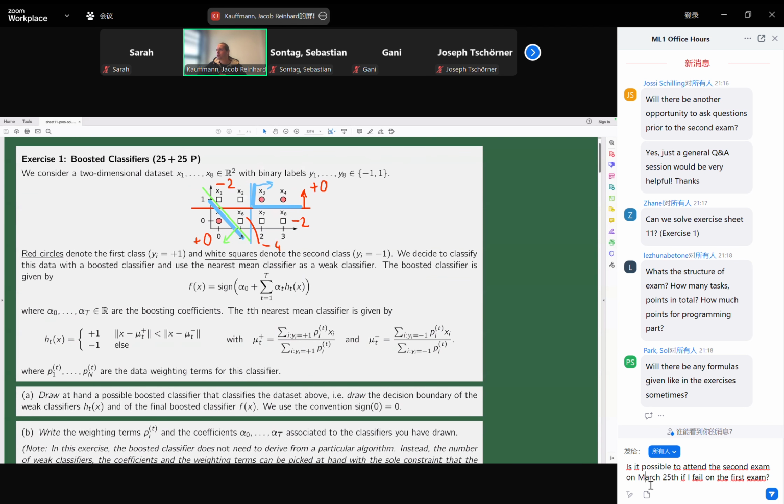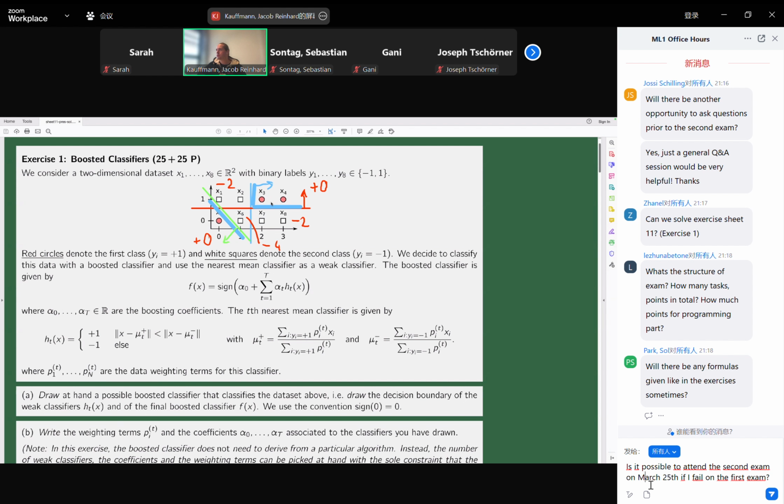But I guess the main idea is you have three linear segments, and each segment can be described by two or three data points.